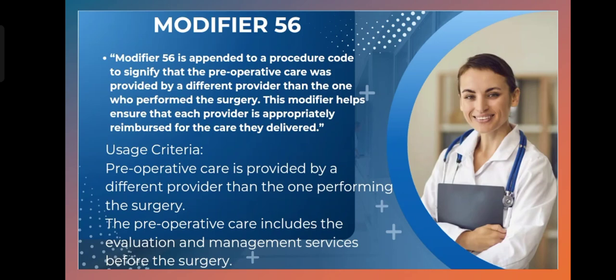Like that they will check the patient's condition before going to the surgery. All vitals are correct or not, everything they will check. All that comes under pre-operative care. So when someone performed these things, we assign modifier 56 to him.